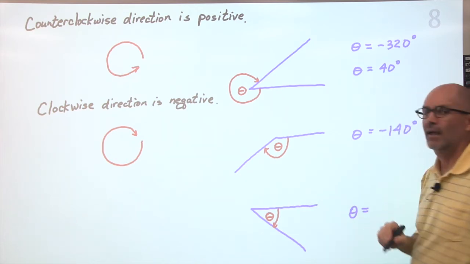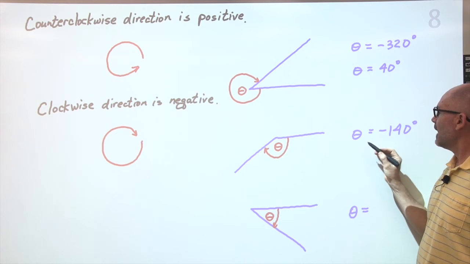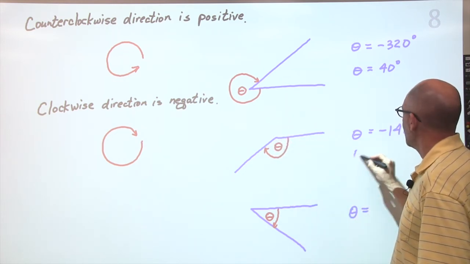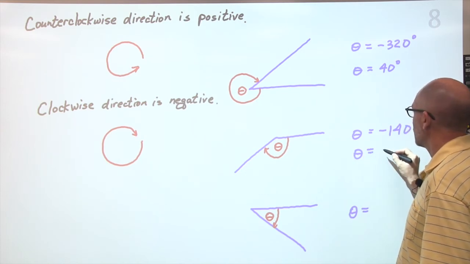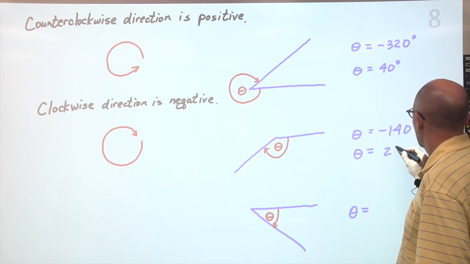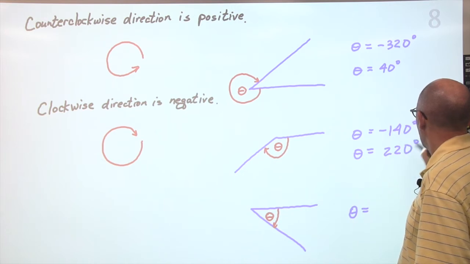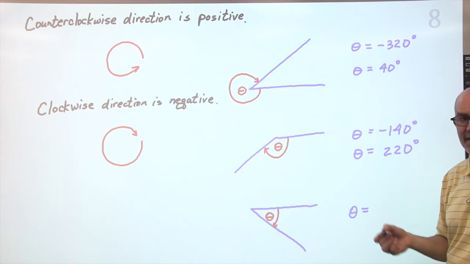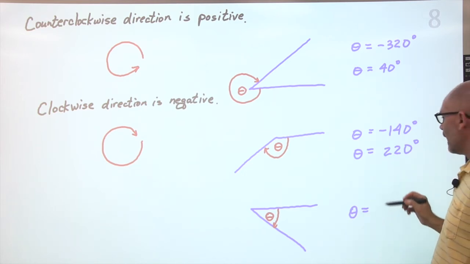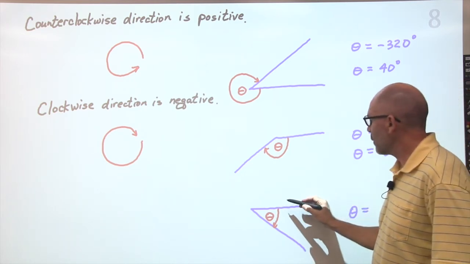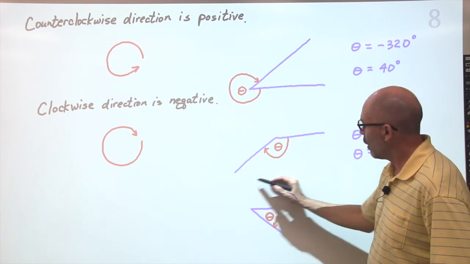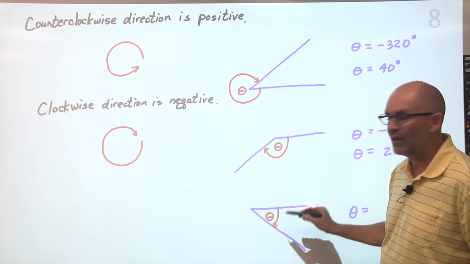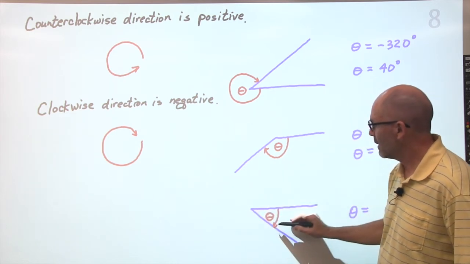Now, if I went counterclockwise, like I said before, now I would have theta equals 220. And when you add 140 and 220, you get 360. Now, here's the one that we said before. We went all the way around and we're 30 degrees short of 360, so that was 330.